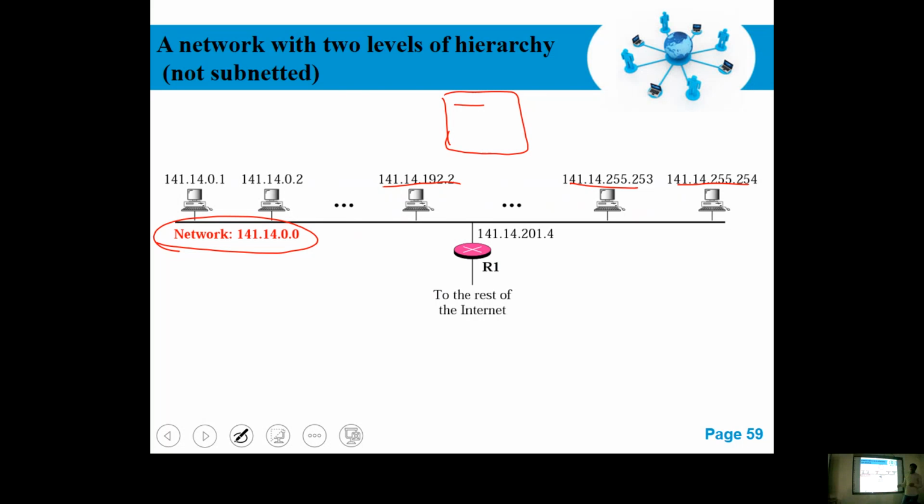If I had to write like that, this routing table would have billions of entries, right? And if I have to look for some host, how much time would we require? It would be very, very big. Instead, we refer to the network address. So this entire network has some network address and individual host addresses.